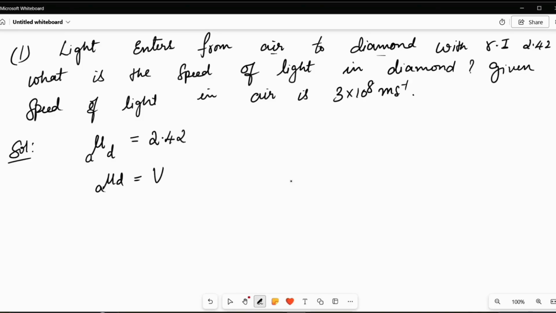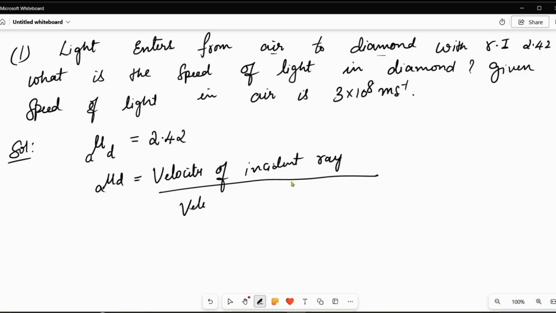This is equal to velocity of the incident ray by velocity of the refracted ray, correct?